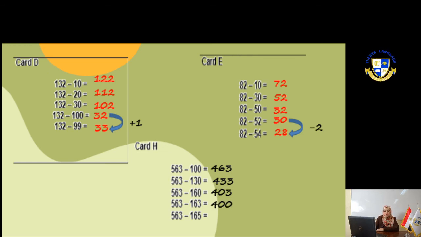And when you do the last one, 165 is greater than 163 by 2. So you take 400 and subtract 2. So the answer is 398. This is how you use the cluster cards to make subtraction.